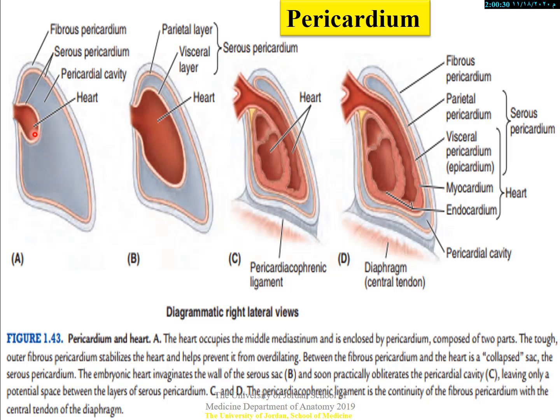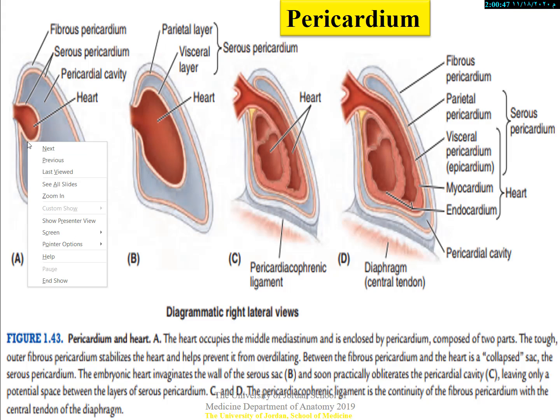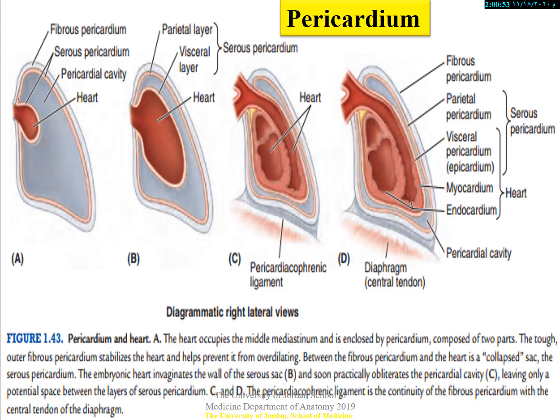Now, as you can see, the heart would invaginate this balloon, and as it does so, it takes with it this layer, and we would call this layer the visceral layer of the pericardium. The same story has been repeated with the peritoneum.